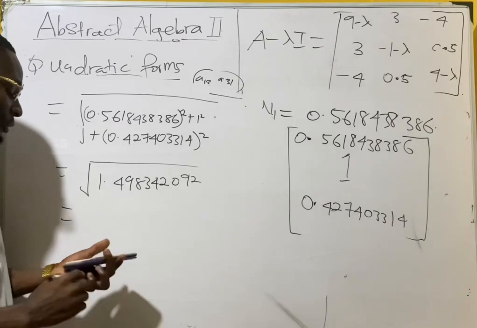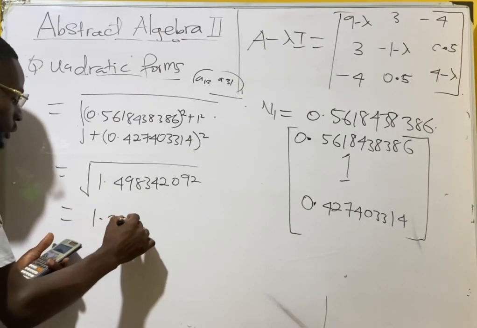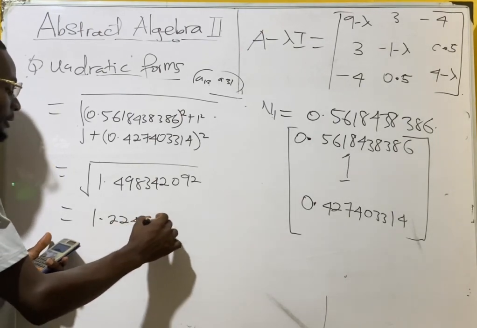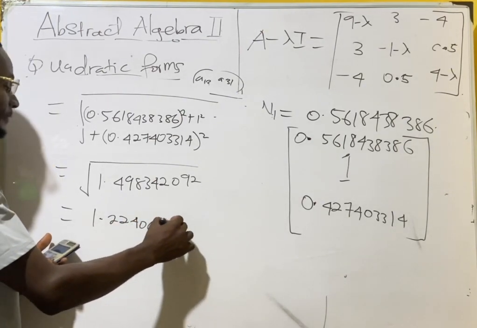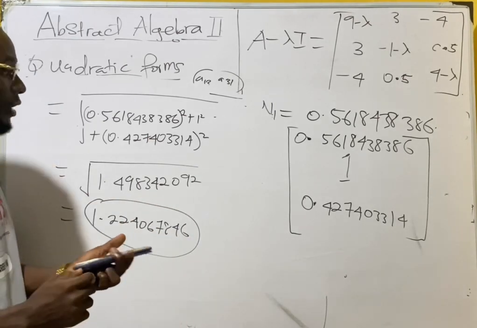So when you square root that, we're going to have 1.2241406746, right? So this is what we have as our magnitude.